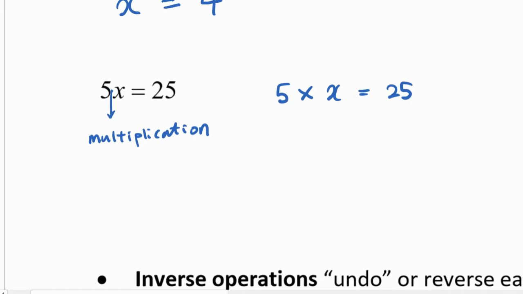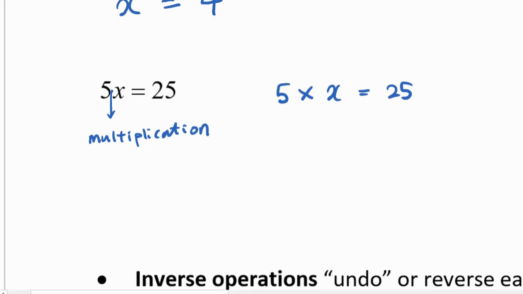To isolate x, what you have to do is get rid of 5, multiply by 5. To get rid of this, what do you have to do? You have to divide both sides by 5, because the opposite operation of multiplying by 5 is dividing by 5, right?